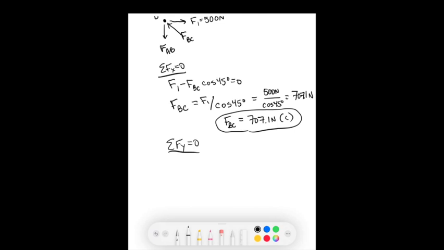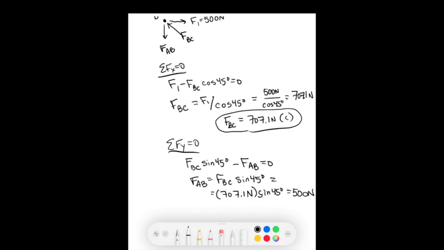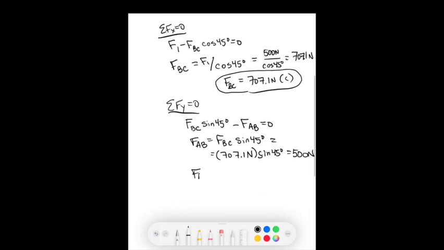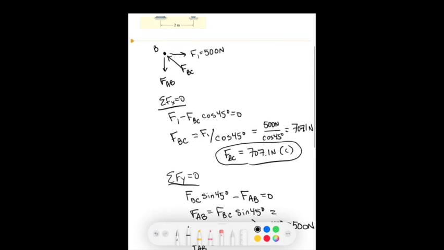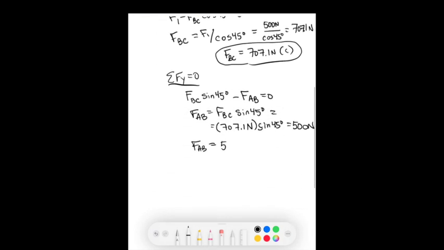So, we set up our equations in the y, and we find an answer of 500 newtons. Again, our answer is positive, so our assumption that FAB was in tension is correct. So we can say that the force in member AB is 500 newtons in tension.